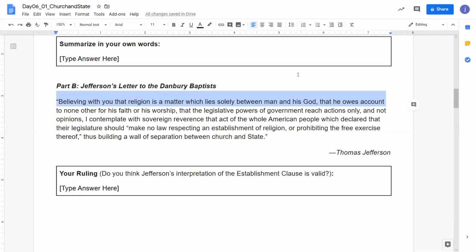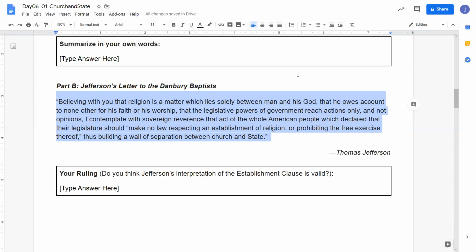Thomas Jefferson writes, "Believing with you that religion is a matter which lies solely between man and his God, that he owes account to none other for his faith or his worship, that the legislative powers of government reach actions only, and not opinions, I contemplate with sovereign reverence that act of the whole American people, which declared that their legislators should make no law respecting an establishment of religion or prohibiting the free exercise thereof, thus building a wall of separation between church and state."